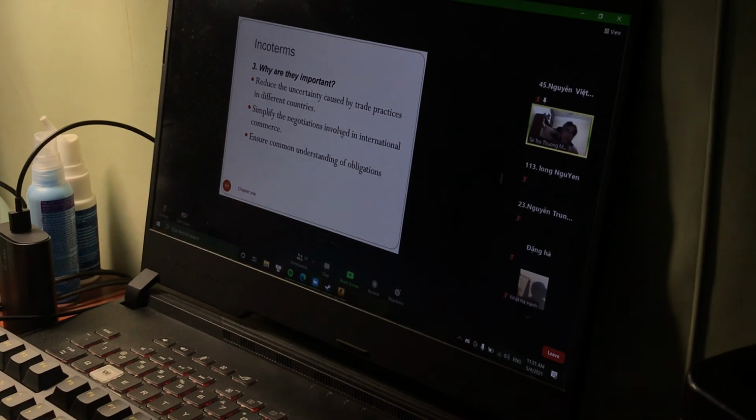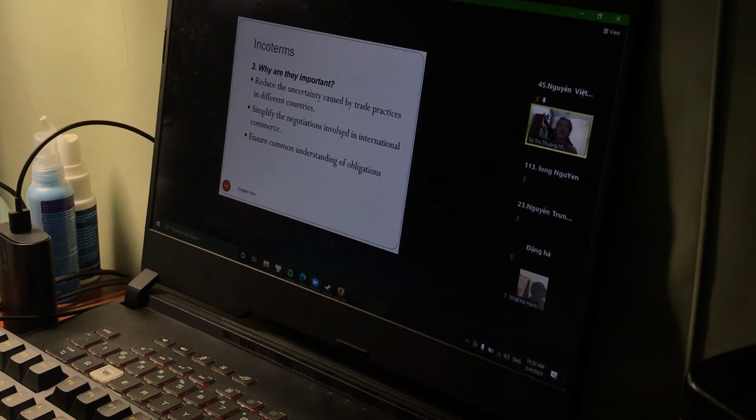Hopefully, next time on Thursday, when your classmates explain about the rules, for example CIF, CIP, FOB, we will understand. But we are very lucky that Incoterms explain a lot of terms and conditions. For example, when they use CIF, it is very clearly stated who buys the insurance.